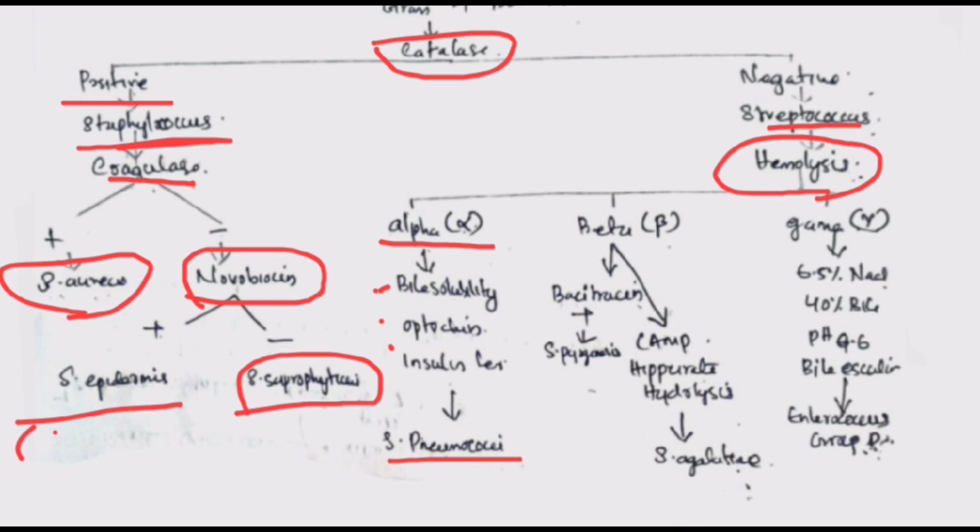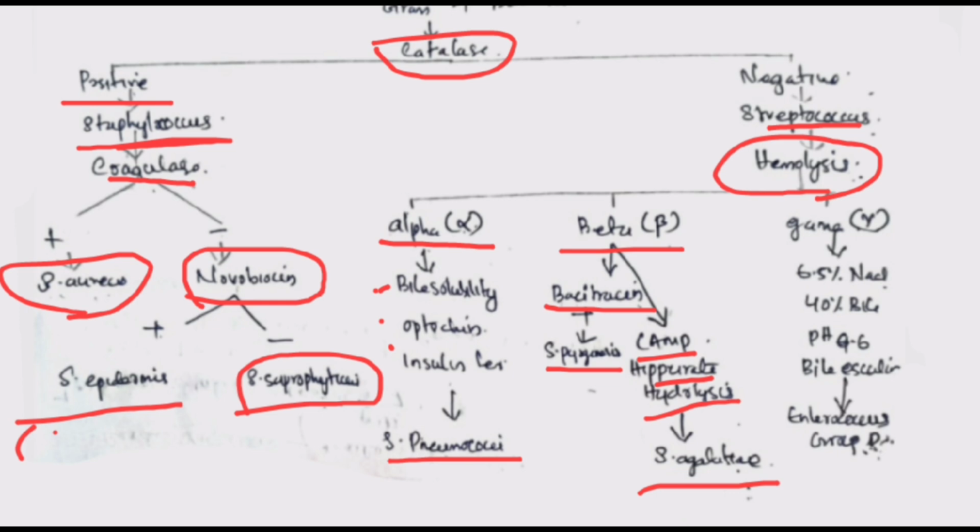Beta hemolysis is complete hemolysis. The main organisms are Streptococcus pyogenes and Streptococcus agalactiae. To identify S. pyogenes, we use the bacitracin test. For S. agalactiae, we use the CAMP test and hippurate hydrolysis test.